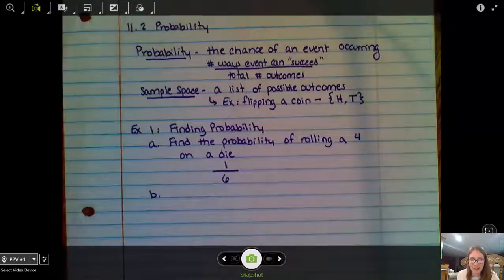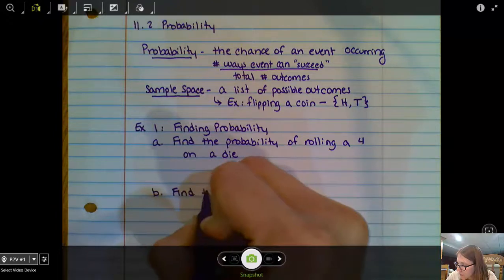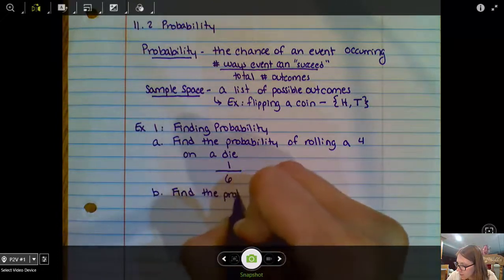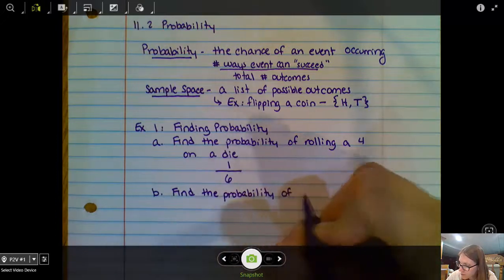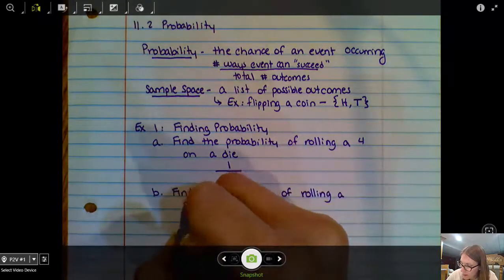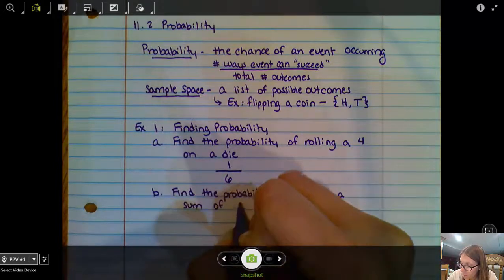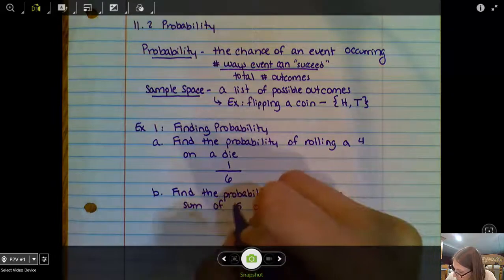If we complicate this a little bit, let's find the probability of rolling a sum of 5 on 2 dice. Let's rewrite this.